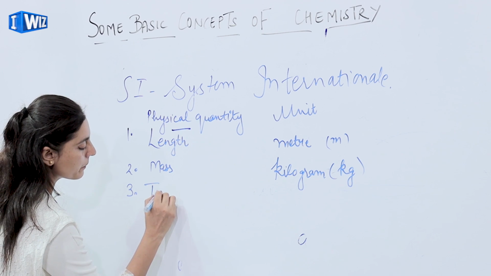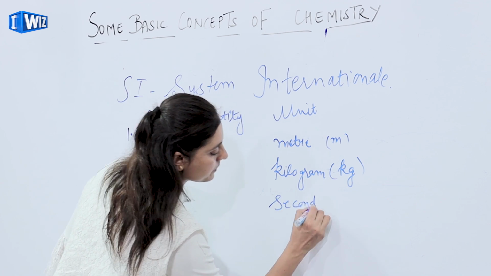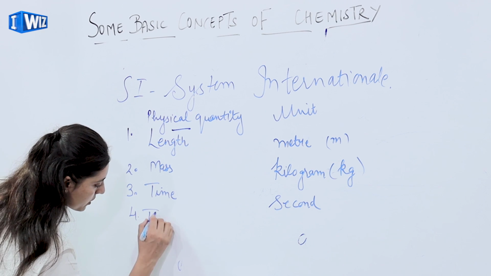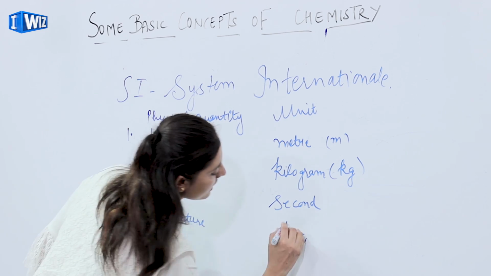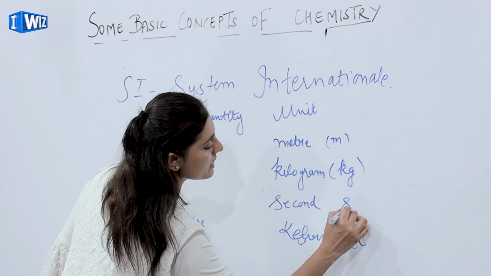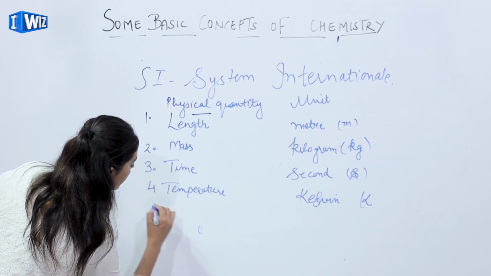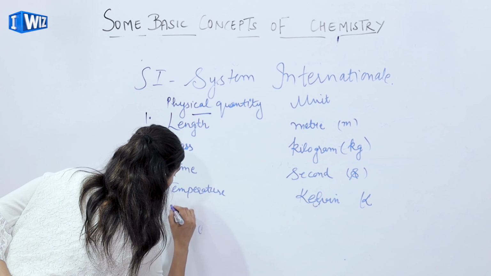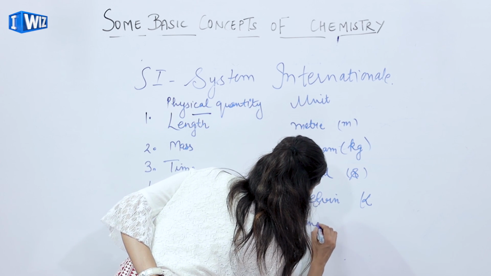Third, time, its unit second, represented by s. Temperature, having the SI unit Kelvin, represented by K. Then we have current, having the unit ampere.